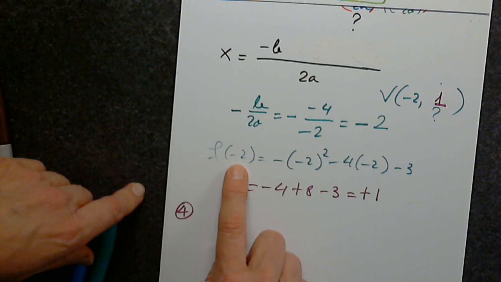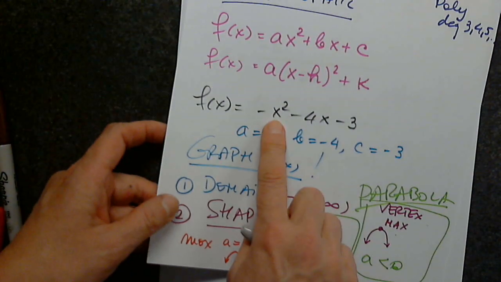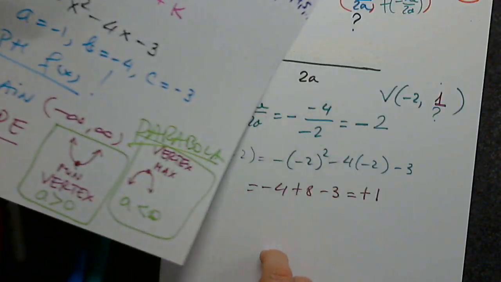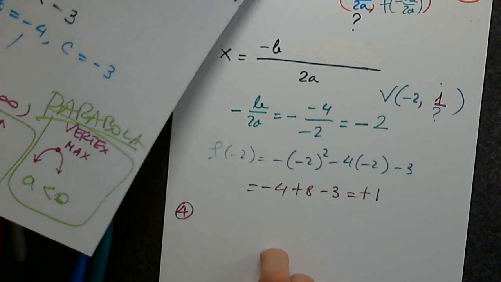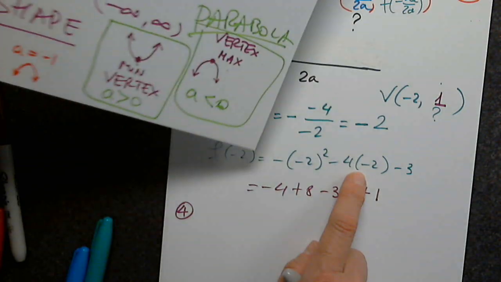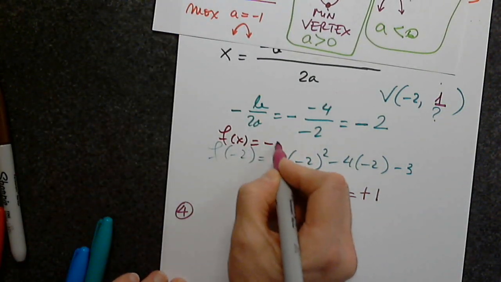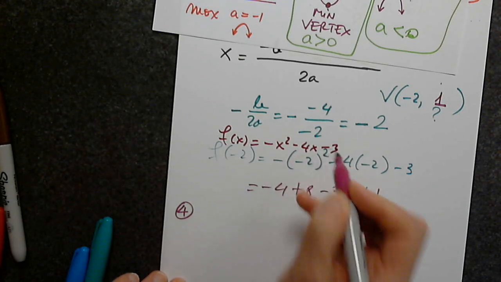But it would have been f of x equals -x squared minus 4x minus 3. I know it's extra writing, but it's just been so far up and we've gone through so many. Oh, you want me to write the function one more time? That's no problem. -x squared minus 4x minus 3.